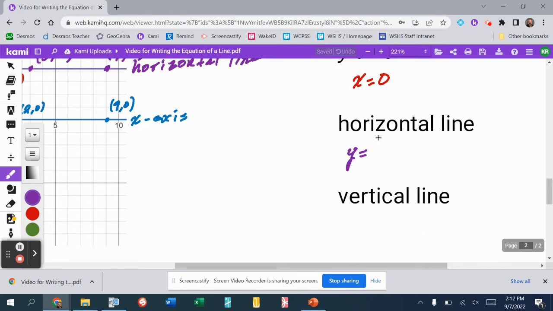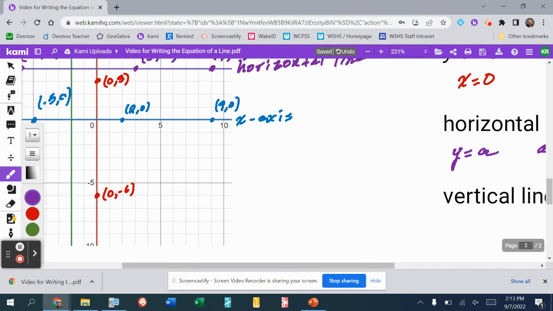So what we typically do is say y is equal to a, and a is a real number. That means it could even be fractions, it could be irrational, it just has to be a real number. But it's going to be y equals a number for a horizontal line.